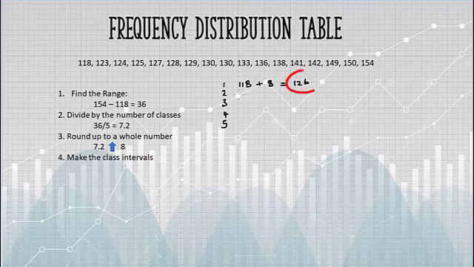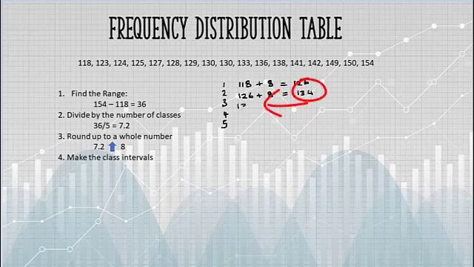Move that number, in this case 126, down to the next row, and then add 8 again. That gives me 134. Moving that number down and adding 8, I get 142. I'm going to continue down the rows, adding the number I got in step 3.